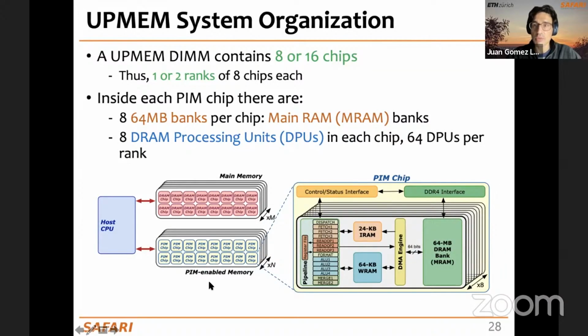Remember as well that programming this UPMEM system is kind of a combination of a distributed system and a shared memory system. It's distributed from DPU to DPU because all the DPUs have access to their own memory space, that is their MRAM.